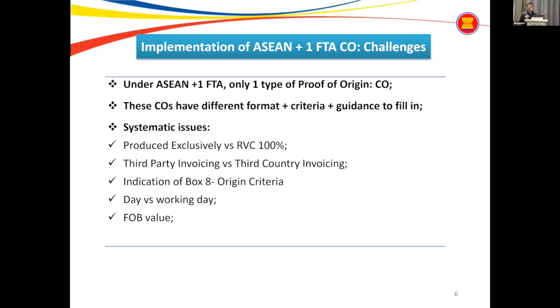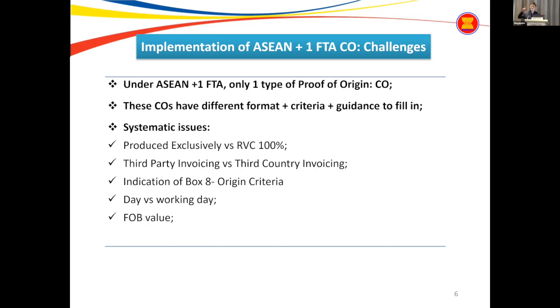So if I'm an exporter, for example, I remember in some, how to say, CO Form E, we don't have this criteria. And there was an exporter, or not exporter but exporting country, I remember from China, who put 100% RVC.